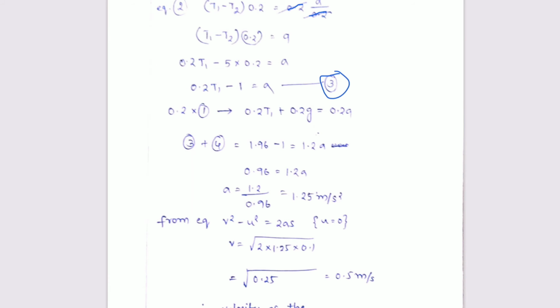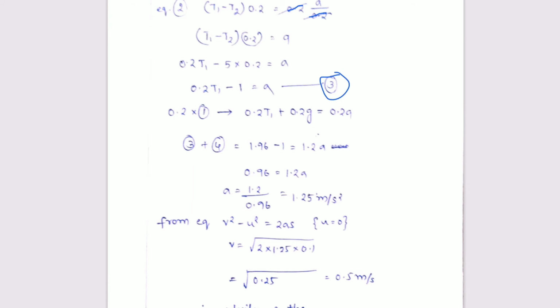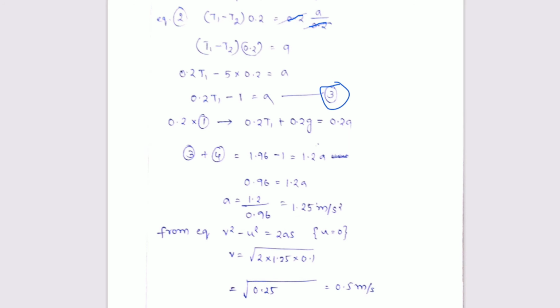Now apply 0.2 into the first equation. When we simplify, adding equations 3 and 4, we get 1.96 minus 1 equal to 1.2 a.